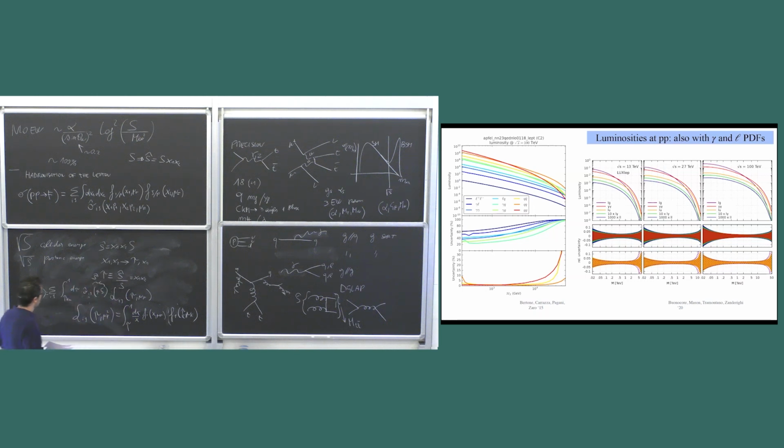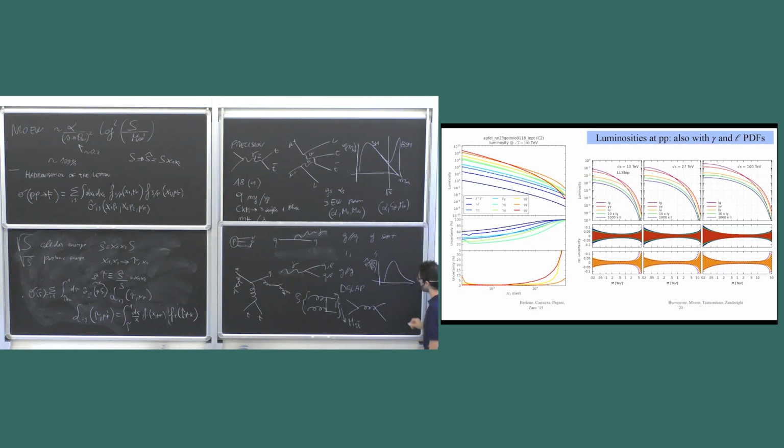Okay, so we saw that the luminosities are dropping incredibly fast. And if you want to plot, for example, the partonic cross-section of t tbar as a function of square root of s hat, it typically has this shape.